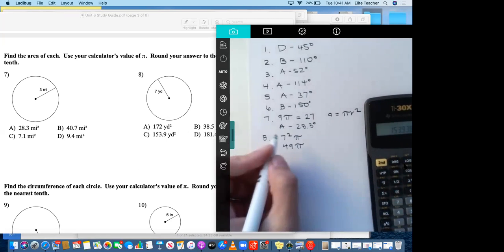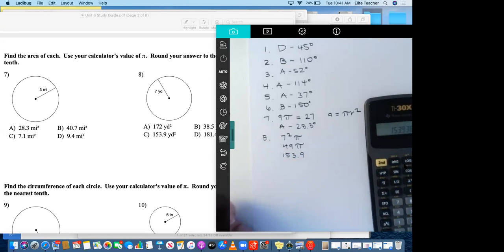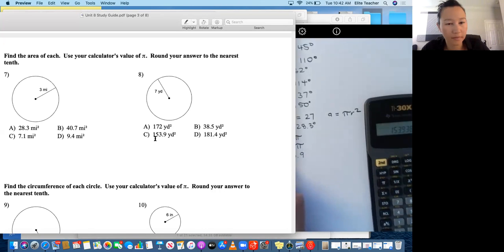I got 153.9. That would be C. Right, we could round to 50, and then 50 times 3 is about 150. So we could have done that in our head.